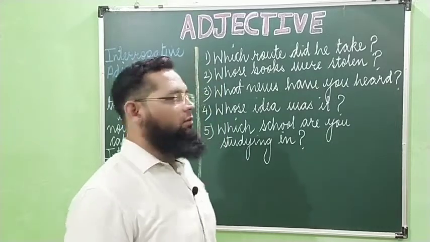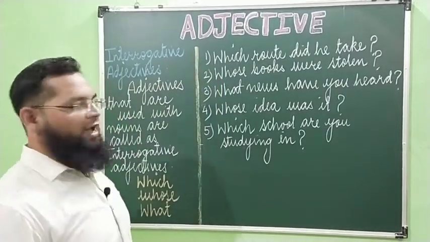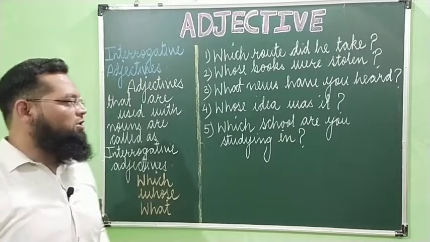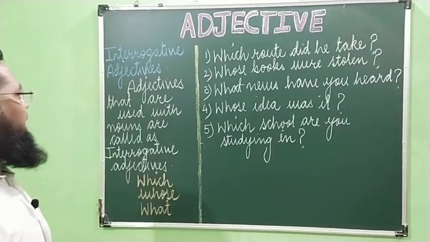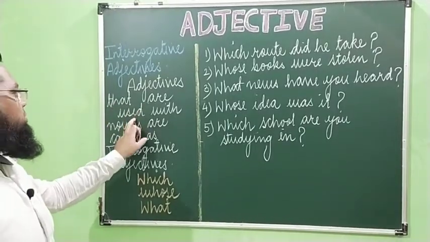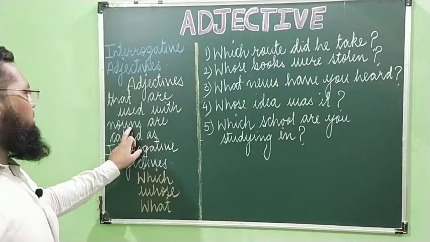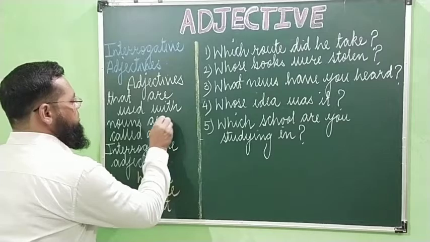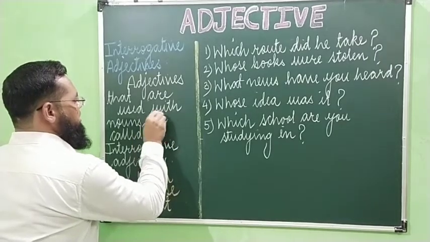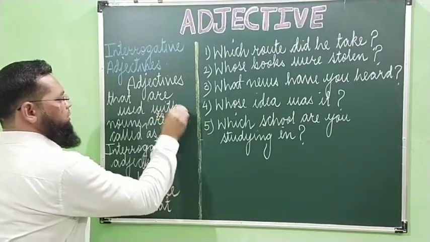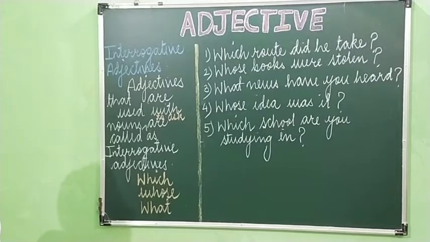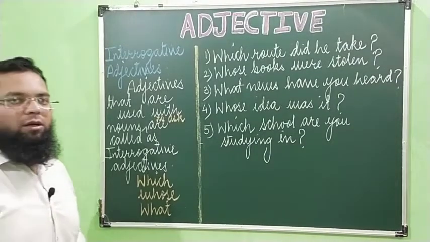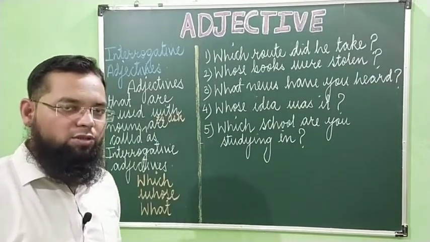Next is interrogative adjectives. And what are interrogative adjectives? Adjectives that are used with nouns to ask questions are called interrogative adjectives. And what do we use to ask questions?